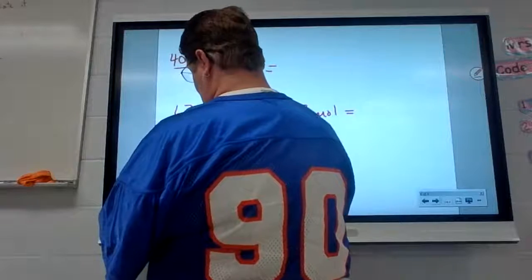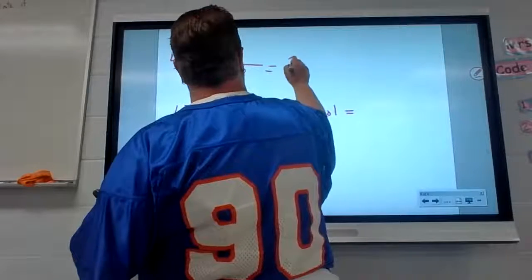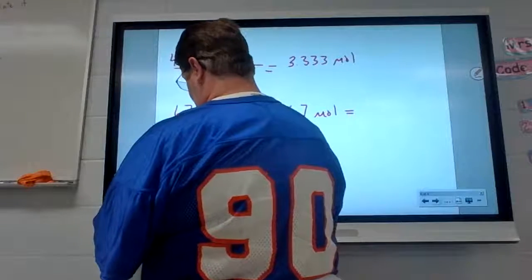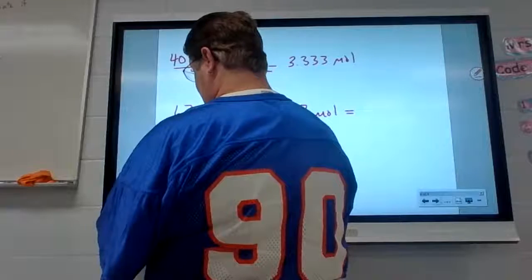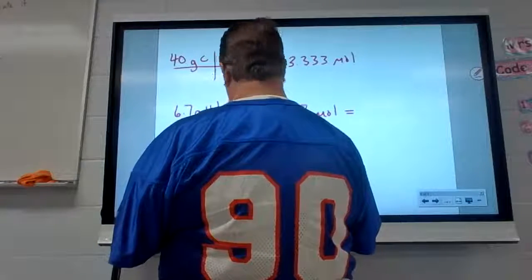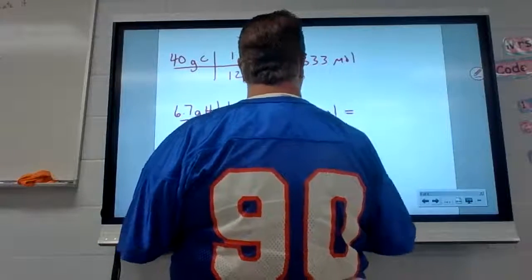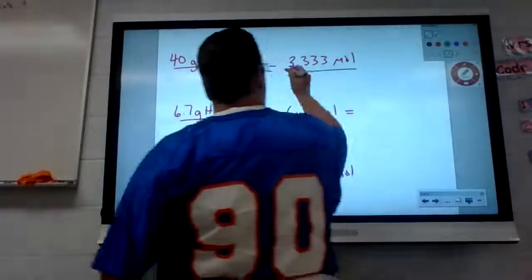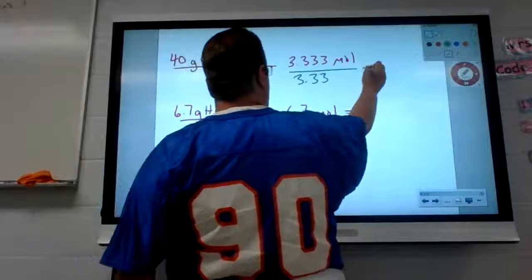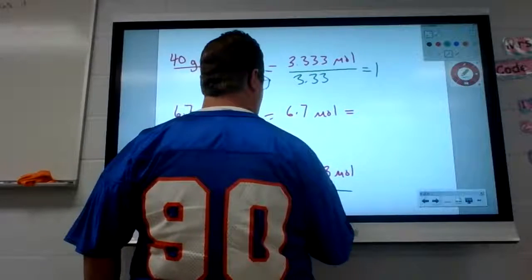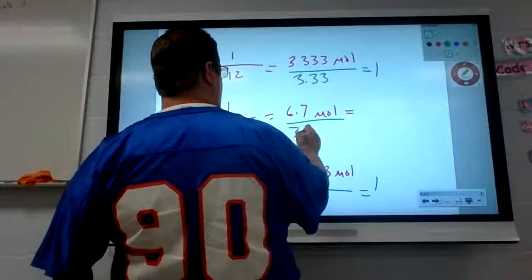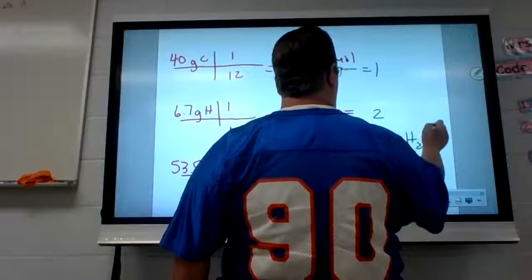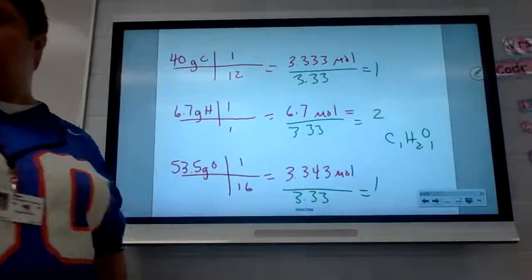All right, so 40 divided by 12, 3.333 moles, and 53.5 divided by 16 will be 3.343 moles. All right, the smallest is going to be what? Divided by 3.33, which will give us 1. 3.33 is going to give us 1. 3.33 is going to give us 2. So C1H2O1. That's the empirical formula.